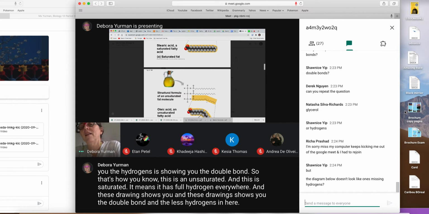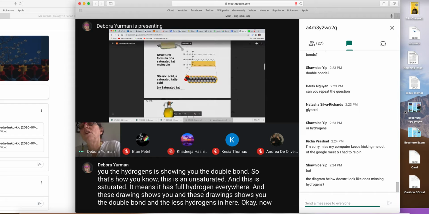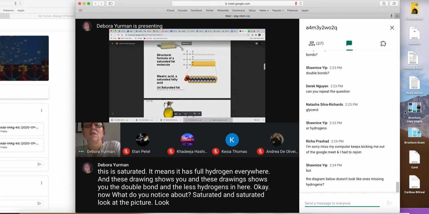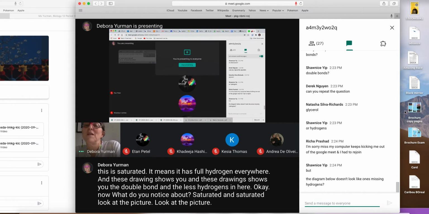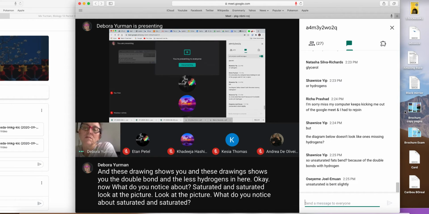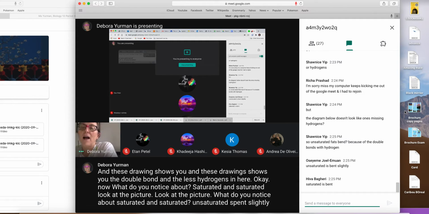Okay? Now, what do you notice about saturated and unsaturated? Look at the picture. What do you notice about saturated and unsaturated? Unsaturated is bent slightly. You're right, Oiseme.